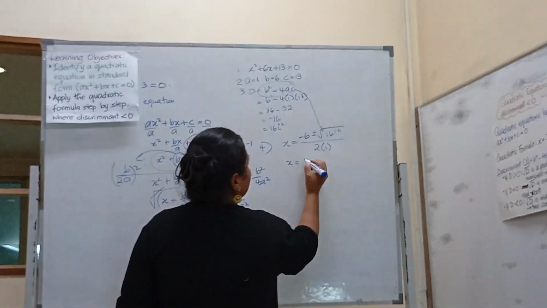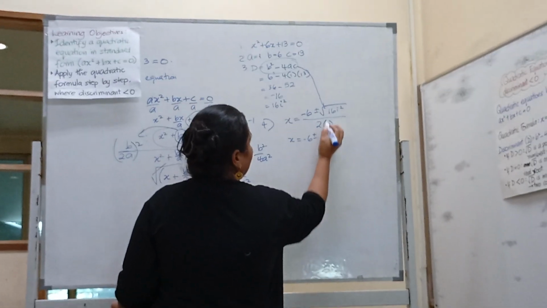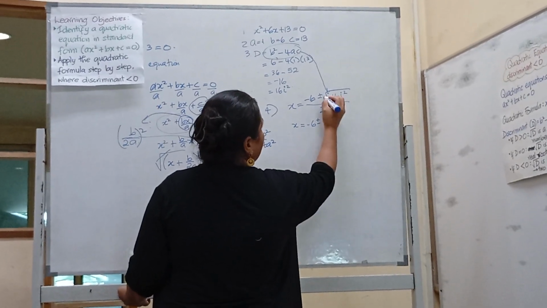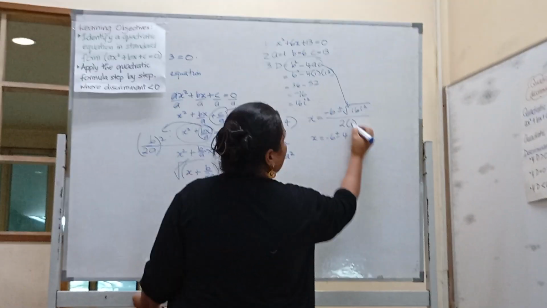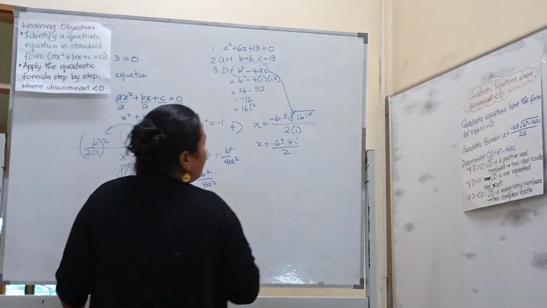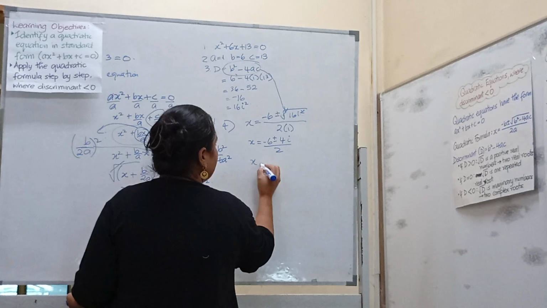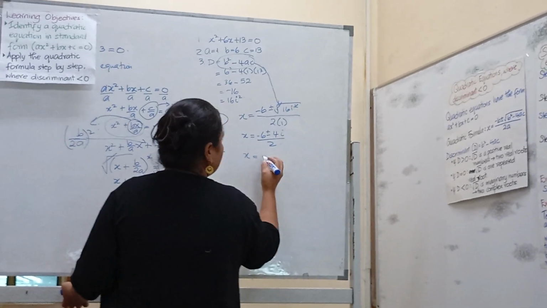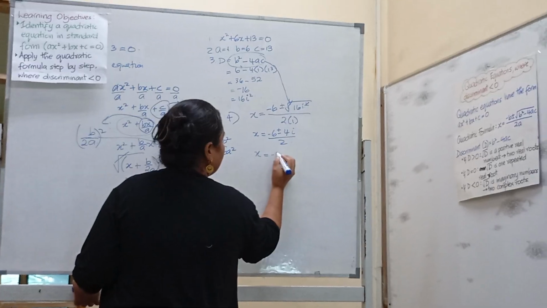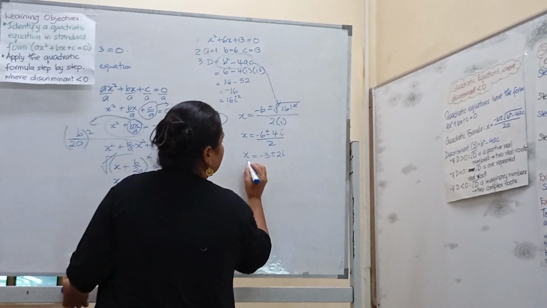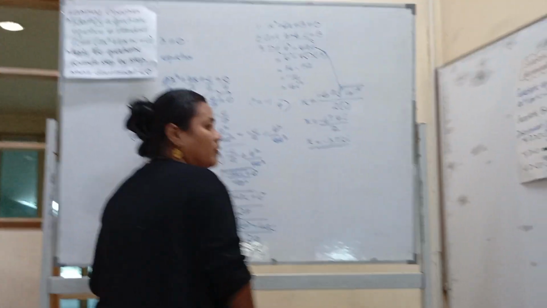So x is equal to negative 6 plus and minus the square root of 16 is 4 and the square root of i squared is i, over 2. Now if we divide with the numbers above, the answer is negative 3 plus and minus 2i. So that is our answer.